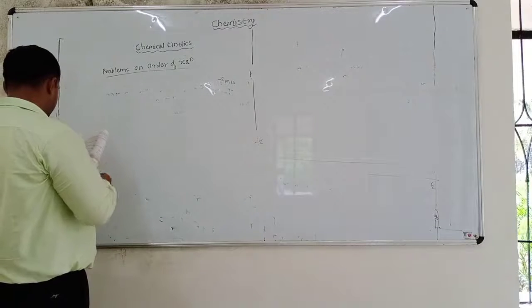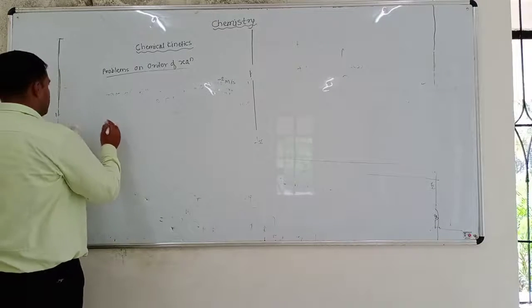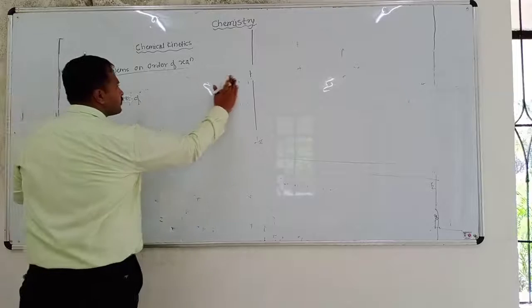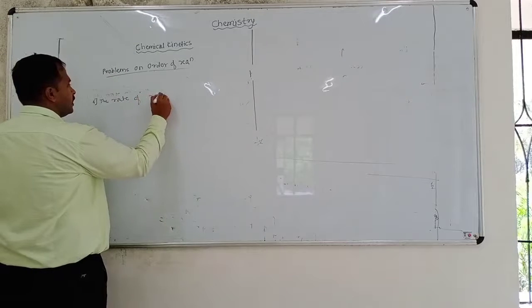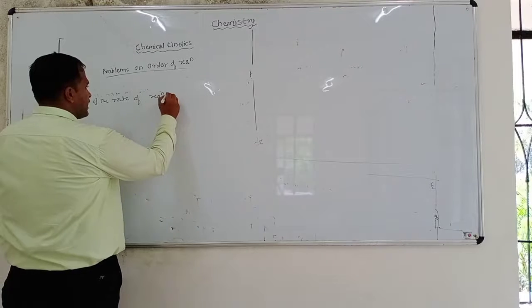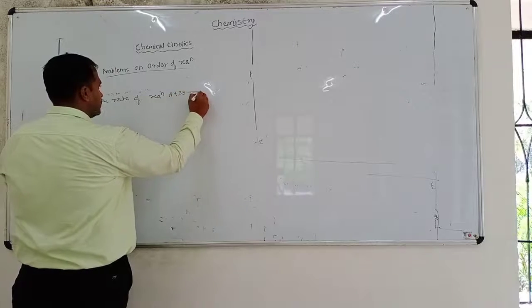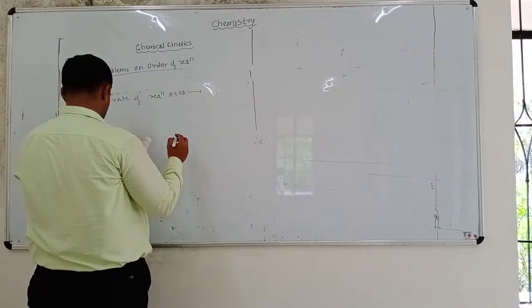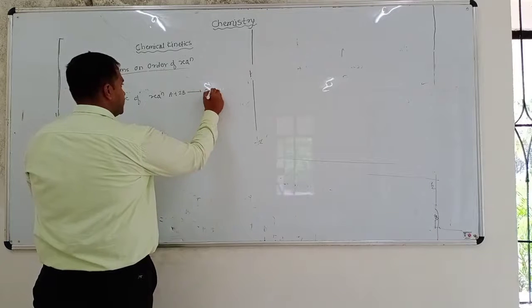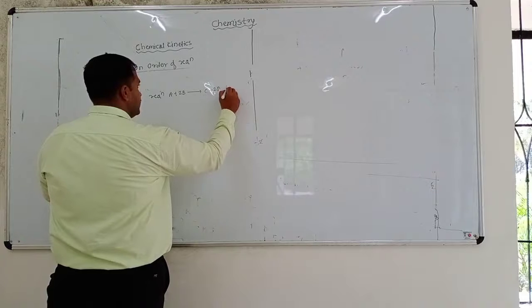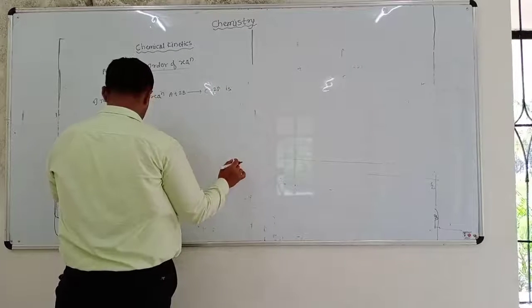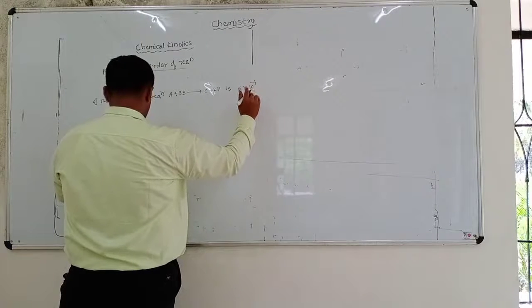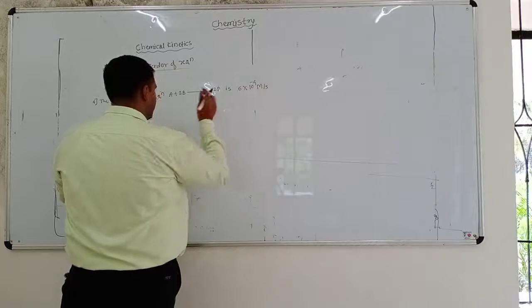Problem number 4. The rate of reaction A plus 2B gives C plus 2D is 6 into 10 raised to -4 molar per second.